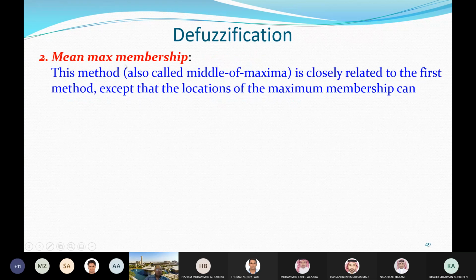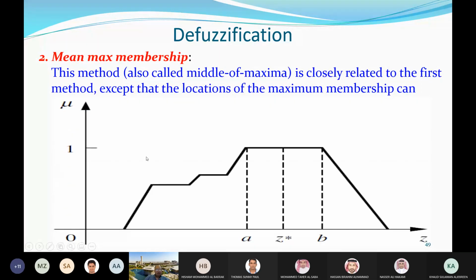The other one is mean maximum membership. This is the collective output, for a certain rule, this is the first rule, this is the second rule, and so on. This method simply addresses the value as the mean of the maximums.